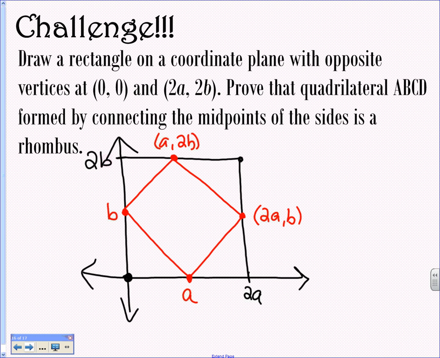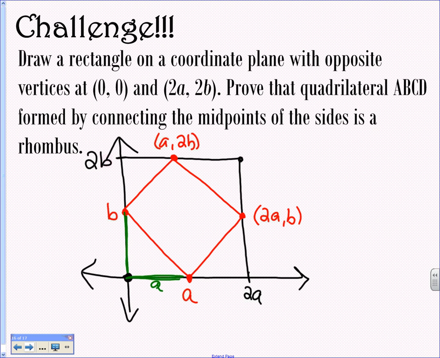No, not the diagonals are the same. All the sides are equal? Okay. How would we show the lengths of those? Yeah, you would use Pythagorean theorem. Okay, so let's do this one. What's the length here?